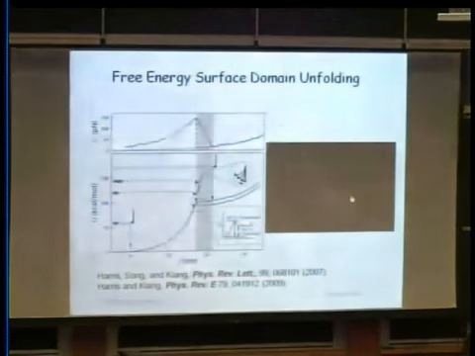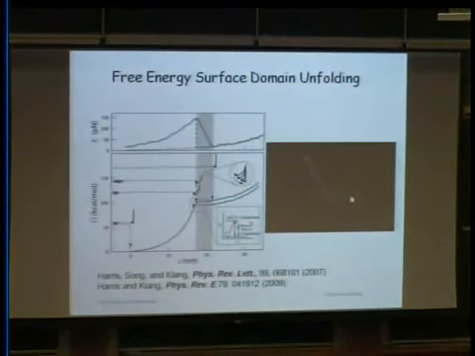The second part of the movie shows this. We pull it straight until it's completely straight, and then the next domain. Now the whole molecule is under very high force, high tension, and the next domain is going to break. Basically, the weakest link is going to break, which is the hydrogen bonds, because the covalent bonds are much stronger.